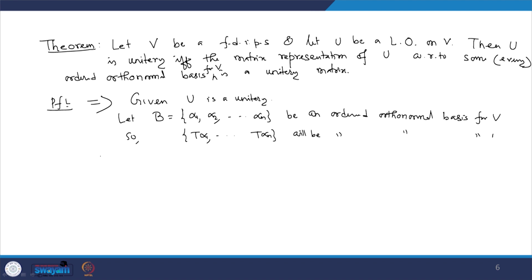So, we have to show the matrix representation of U with respect to B, if it is A.